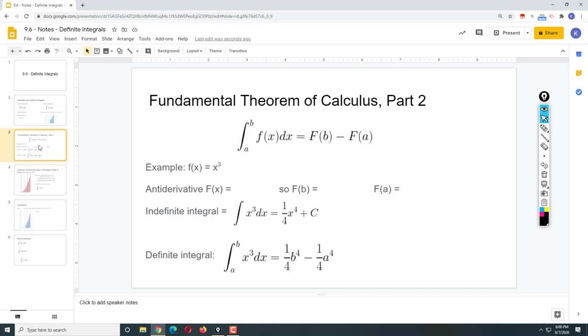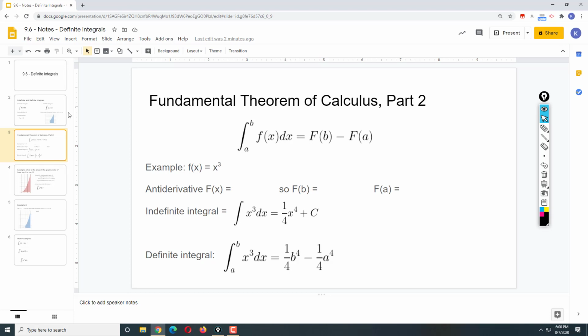To help us determine the values of definite integrals, we need the second part of the fundamental theorem of calculus, which says that given any definite integral from a to b of f of x dx, that's going to equal big F of b minus big F of a, where big F is the antiderivative of f of x.